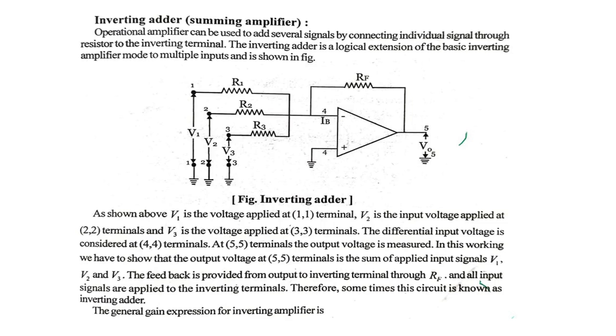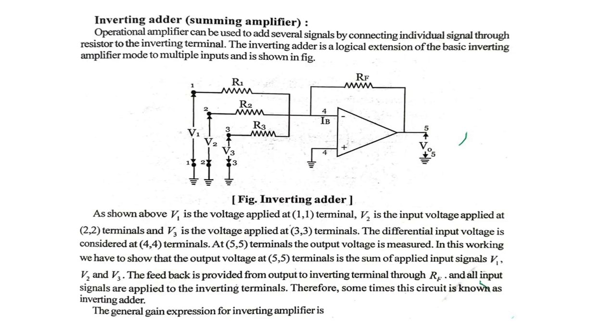The feedback is provided from the output to the inverting terminal through RF, and all input signals are applied to the inverting terminal. Therefore, sometimes this circuit is known as an inverting adder.